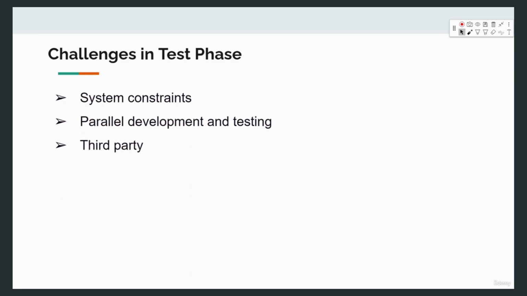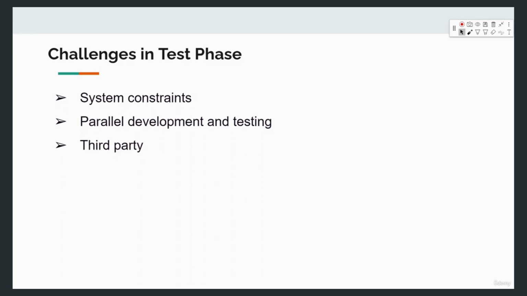So apart from development, the most important thing is testing in a software development life cycle, because testing, different types of testing is there. So testing validates the product, how it will work in the production, and that's very important, because if a product is delivered without any testing, or without proper testing, then it will increase the cost a lot, because the product needs to be sent again to the development team, right?